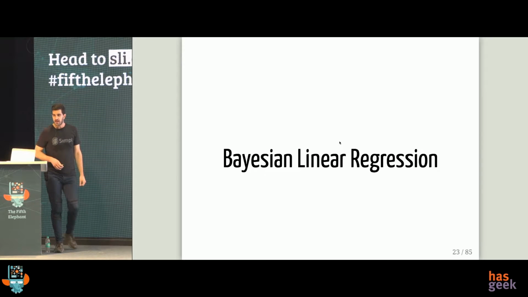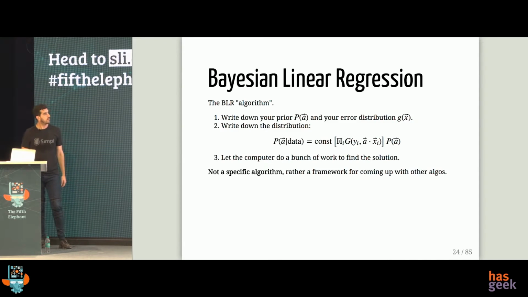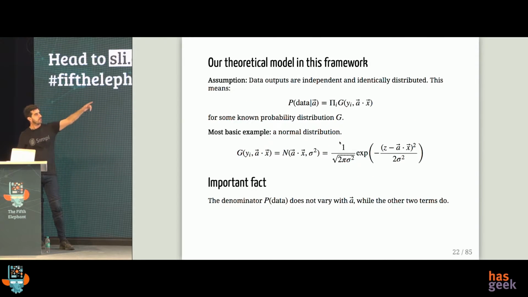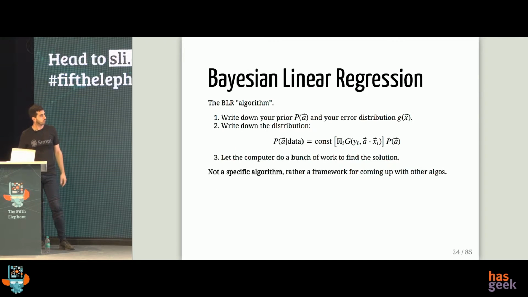So here is the heart of Bayesian linear regression. We write down our prior, which is something we're going to have to choose based on our opinion about the world and what we think is reasonable. Then we write down the distribution probability of A given data, which is a constant times our likelihood. And as we said on the previous slide, that's just a product of the individual probability distributions times our prior.